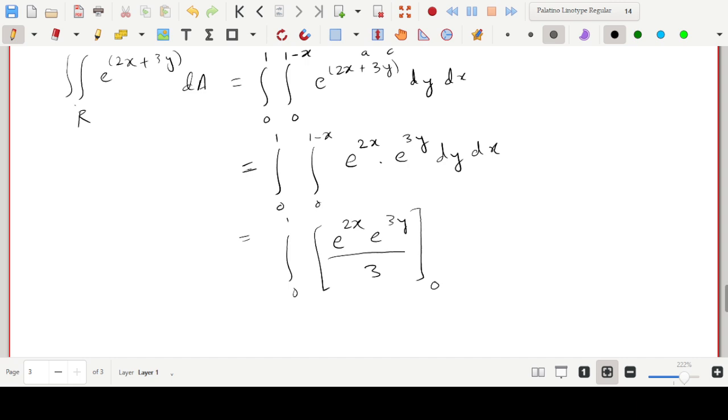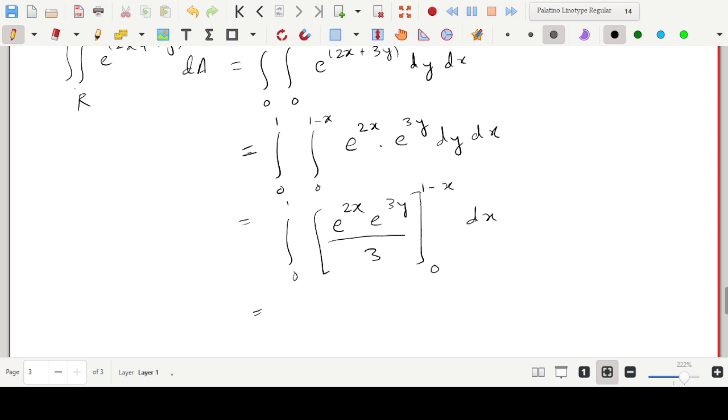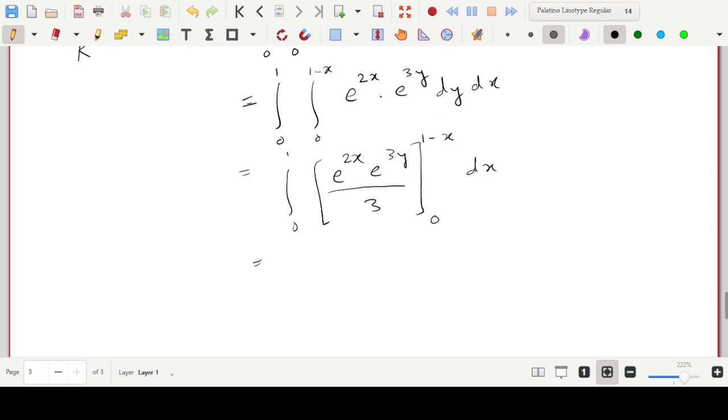Now we have to substitute the limits of integration. Now the limits of integration are in terms of x. Earlier the limits of integration were constants, when it was a rectangular region. Now let's substitute here. Again, don't confuse between this x and this x. This x is constant here.